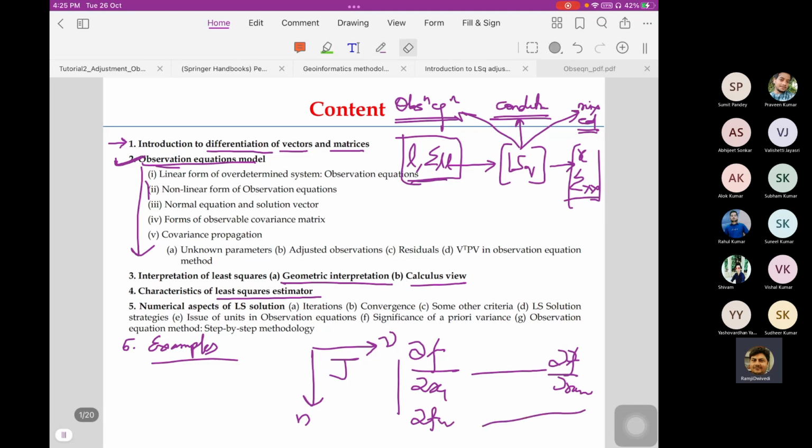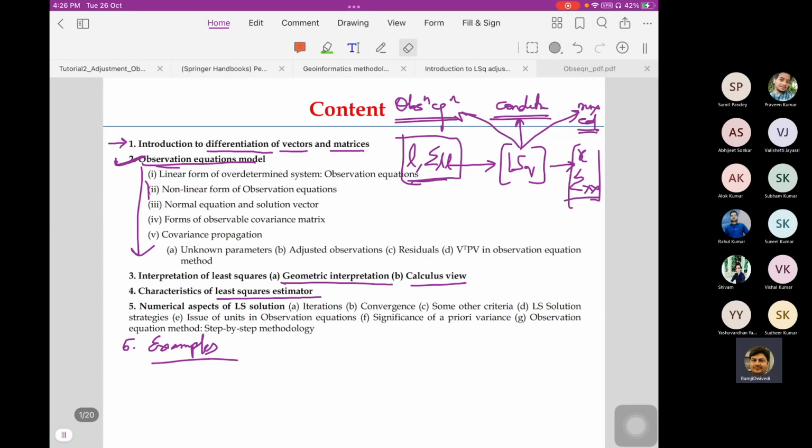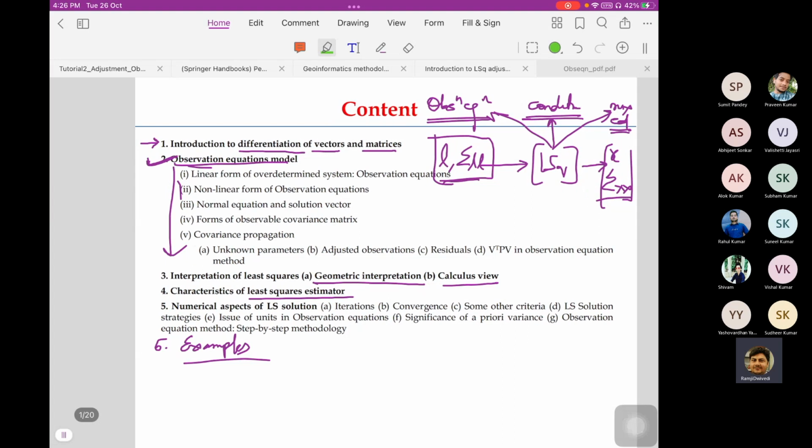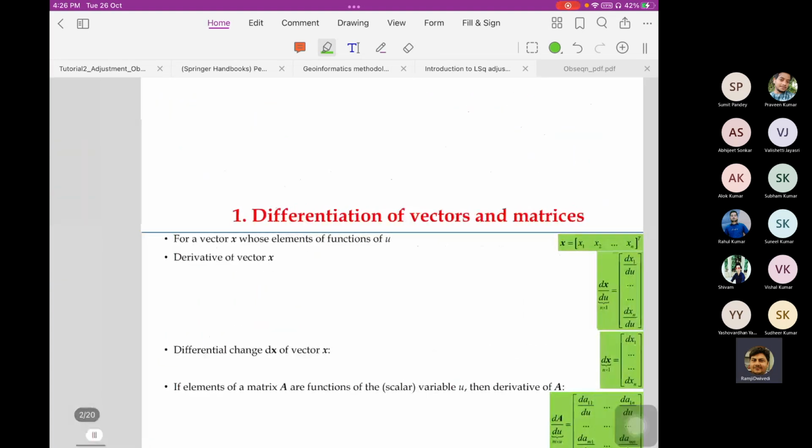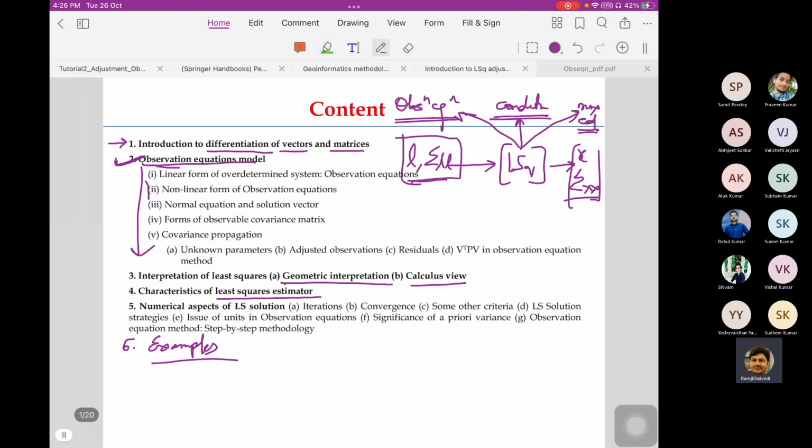We are just revisiting those partial derivatives for better understanding, so in this content we first focus on this differentiation aspect of vectors and matrices.